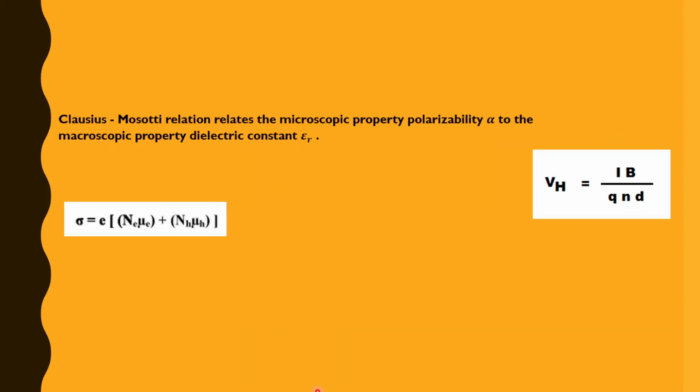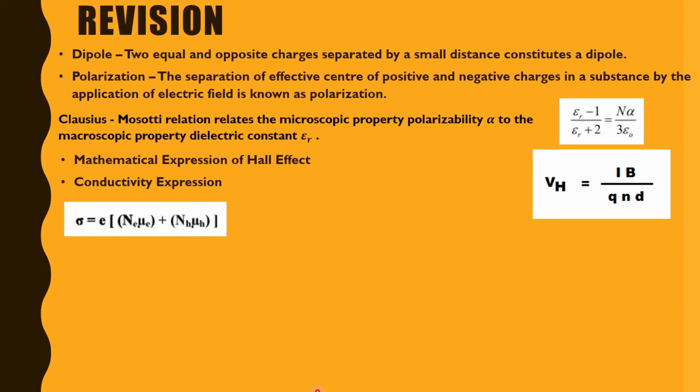Next is our revision of the dipole. Two equal and opposite charges, when separated, constitute a dipole. When dielectrics are placed in an electric field, you will see a small distance created between two equal and opposite charges.